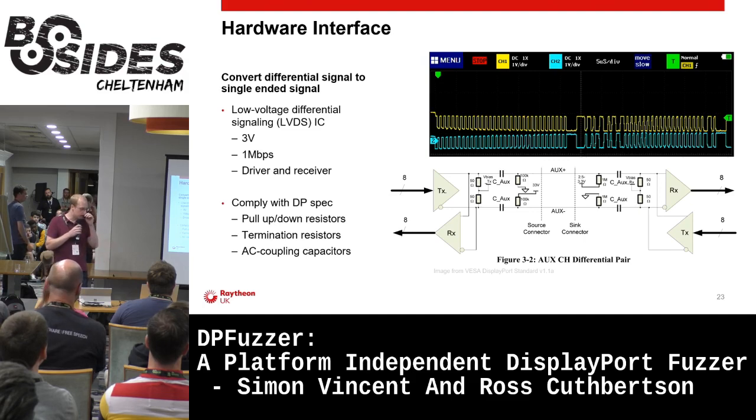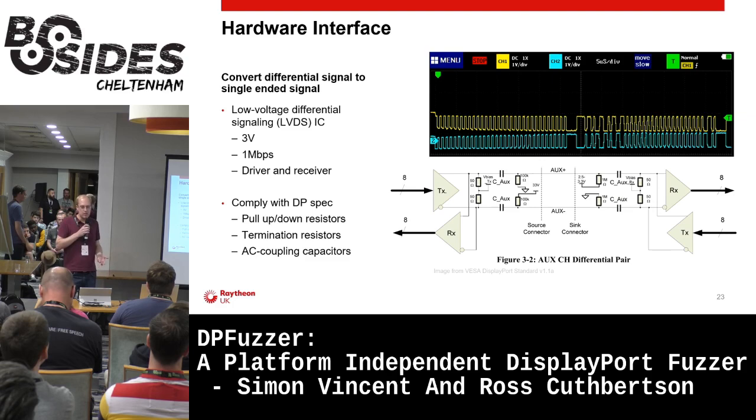We needed an LVDS interface chip that supported 3 volts and could do at least 1 megabit per second, as the auxiliary channel can cope with that. We also wanted something that could both send and receive data, so it had to be a driver and a receiver.